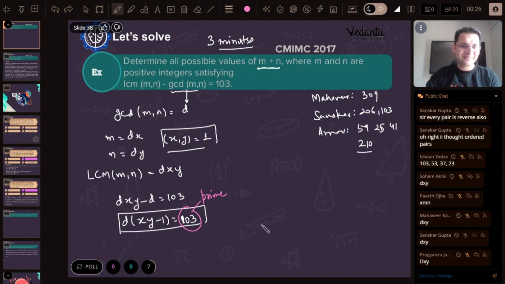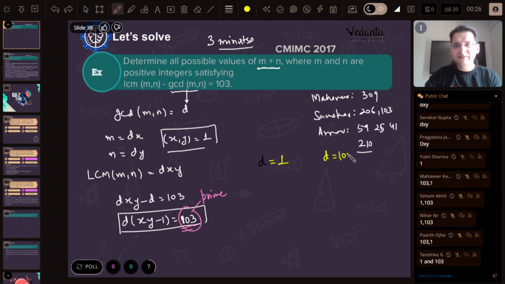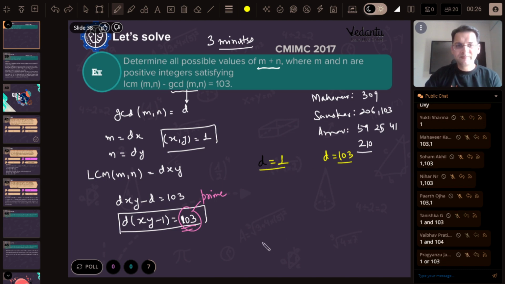That's a good part because it is going to be split in very few ways. So what are the possible values of d, guys? d can be either 1 or d can be 103.